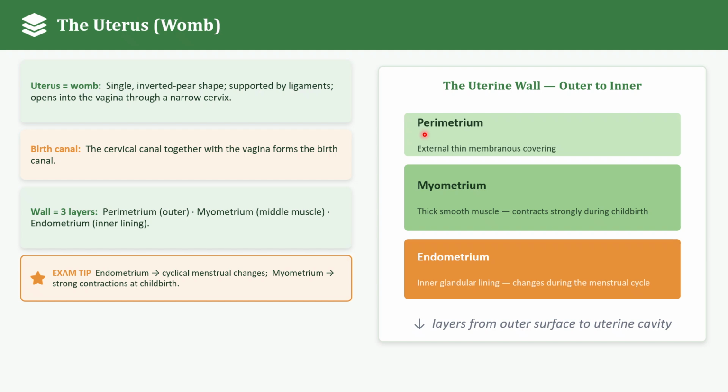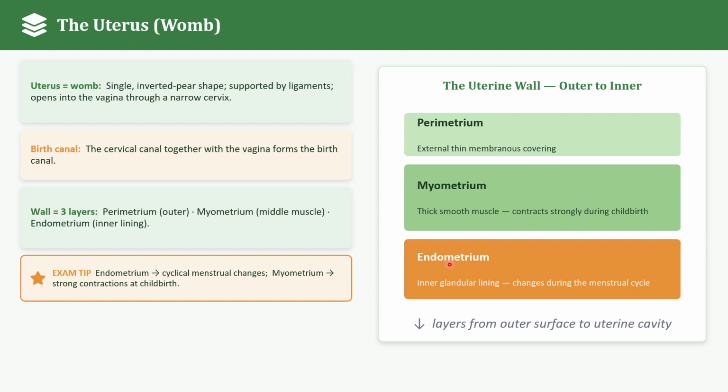Next is the myometrium, the thick middle muscular layer responsible for powerful contractions during childbirth. And next is the endometrium, the inner glandular lining that undergoes cyclic changes during the menstrual cycle, and it becomes the site of implantation after fertilization.